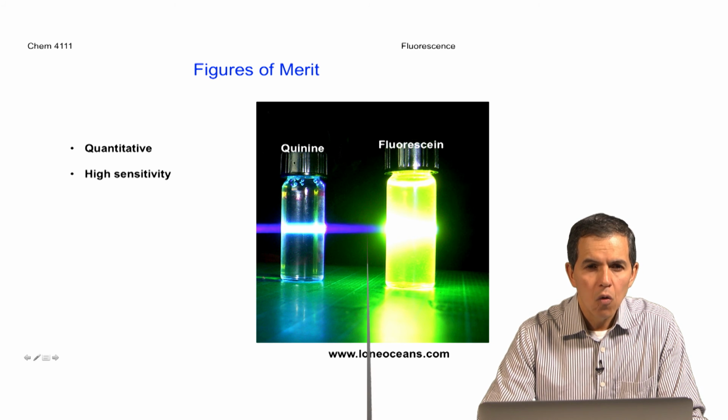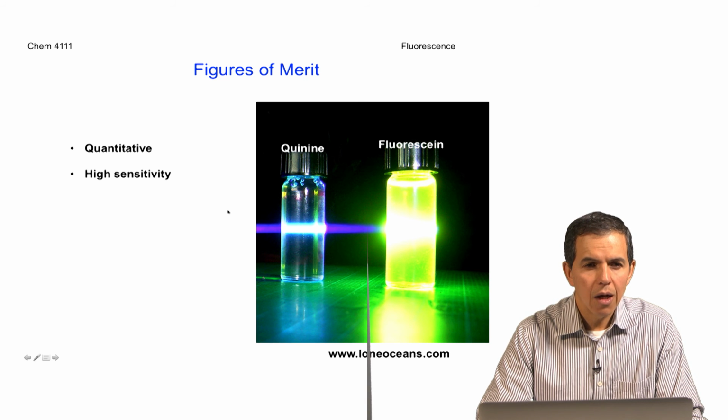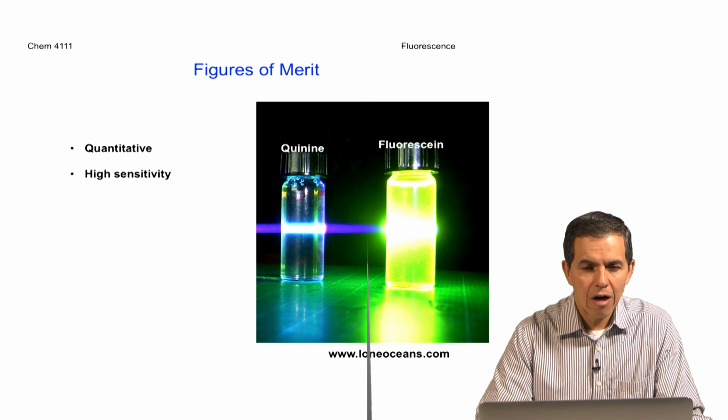That is, we can change the concentration of the analyte, say quinine or fluorescein, and as we increase the concentration of these analytes, we will increase the fluorescence response. The technique is also highly sensitive, meaning that each molecule of quinine or fluorescein could be excited many times by photons that are absorbed and generates hundreds of photons from a single molecule.